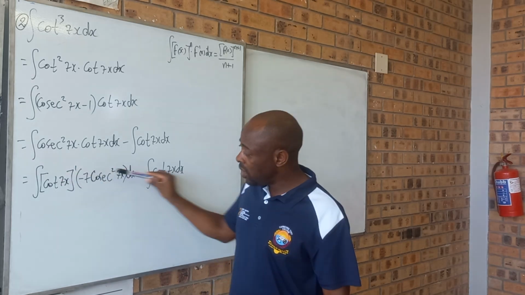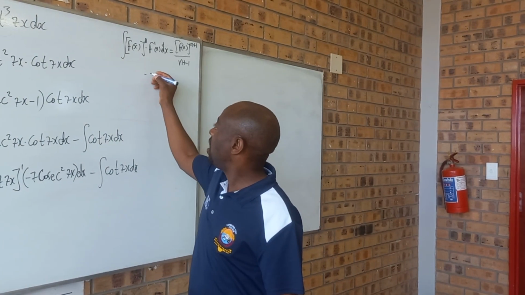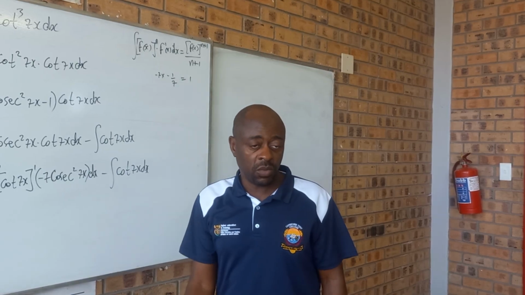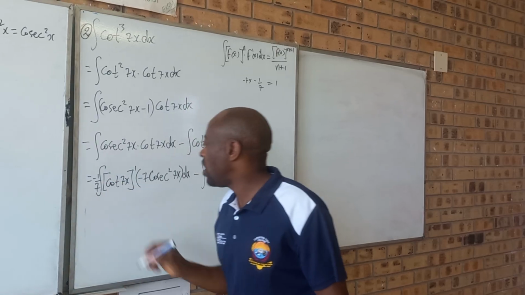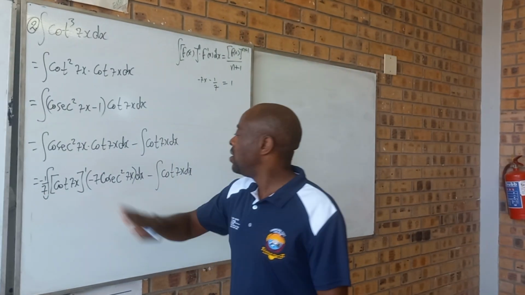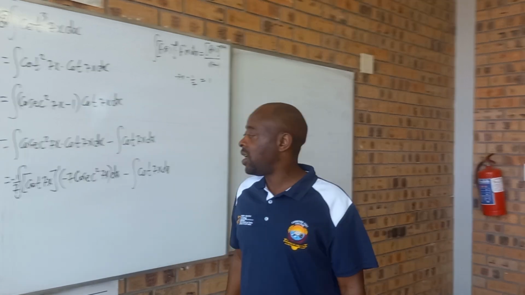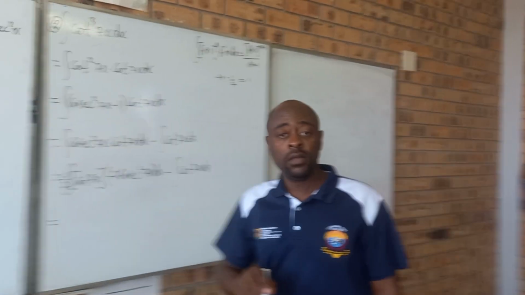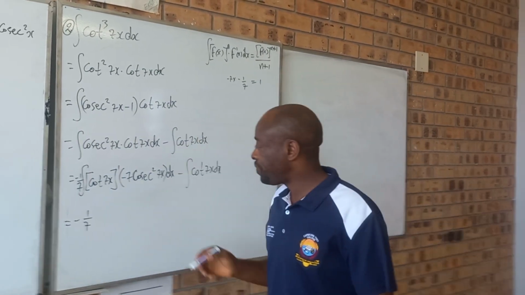So you see, I do it in one simple step. So the only number that can take care of negative 7 should be negative 1 over 7, so that gives me 1. So I will put negative 1 over 7 out. So this is the same thing like doing a U substitution by saying let U be cot 7x, look for du dx, and so on. So from here, I'm writing my final answer. So with my final answer, I get negative 1 over 7.